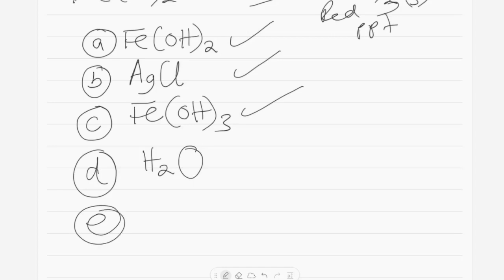E. Name E. The question is the green crystals E. So the green crystals in that case are the crystals of iron 2 chloride. So these are the formulas of the substances that have been identified in our diagram.